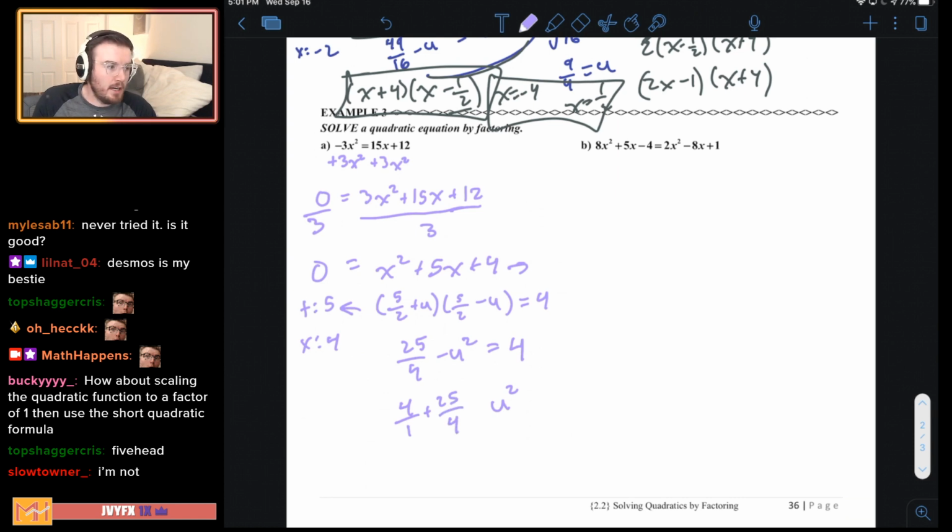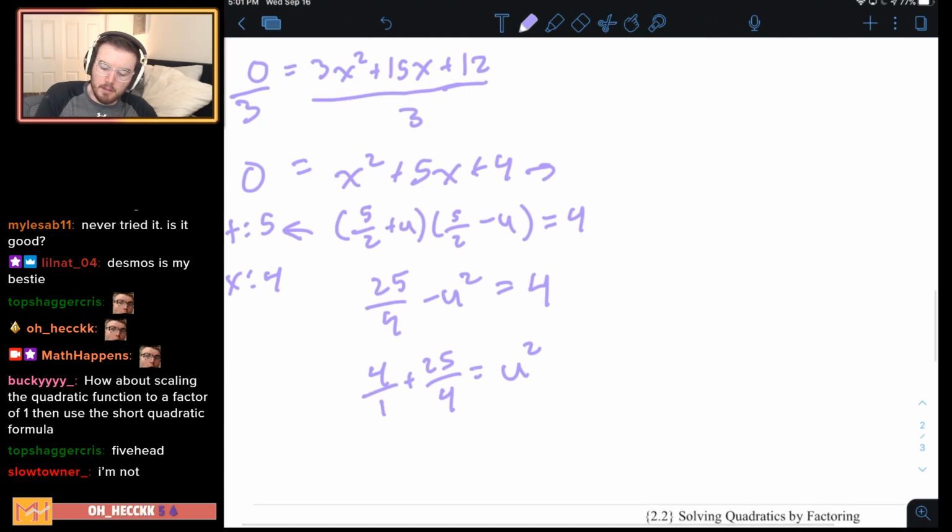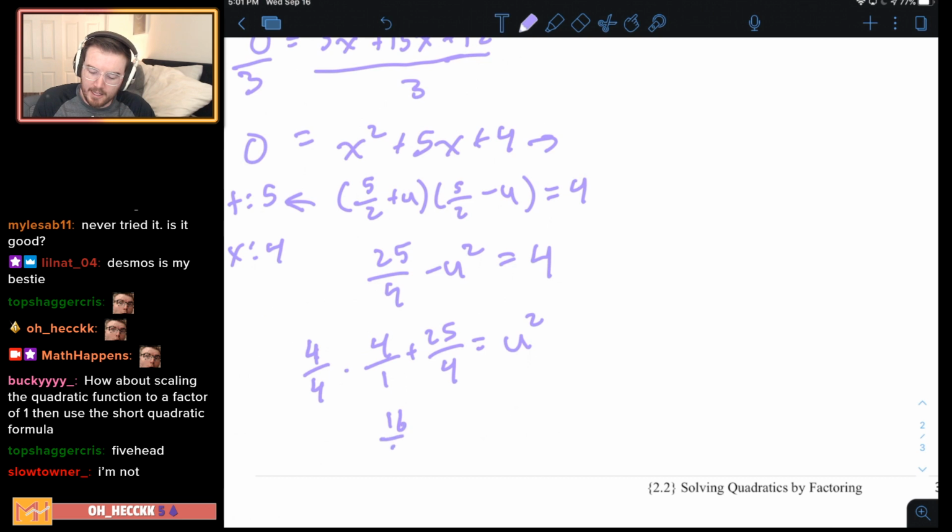And this is where... wait, what did I say? I need to multiply this by 4 over 4. And I get 16 fourths plus 25 fourths, which equals u squared.